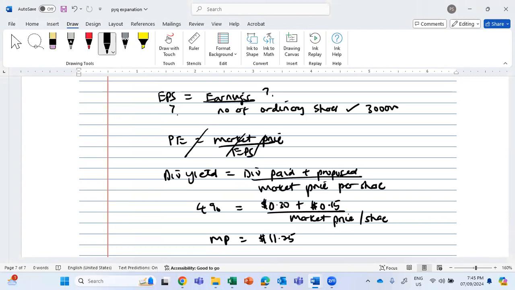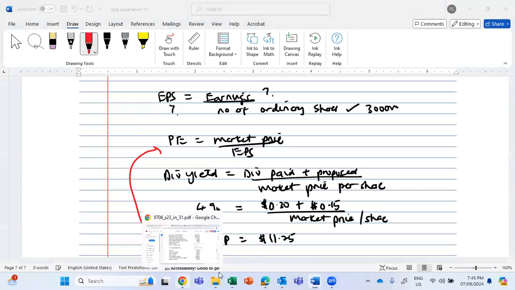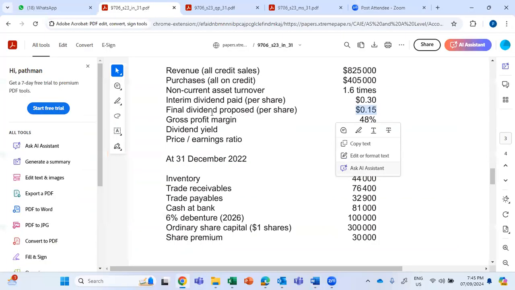Okay. So now that we know the market price per share, we can substitute it into the PE ratio formula, because we are told what the PE ratio is, right? Price earning ratio is 18.